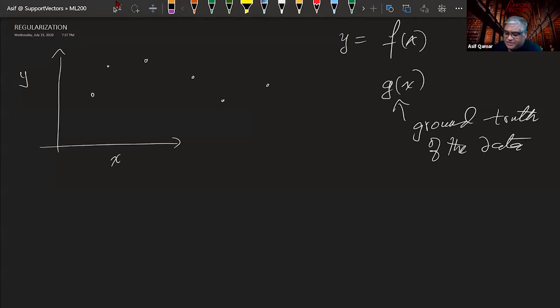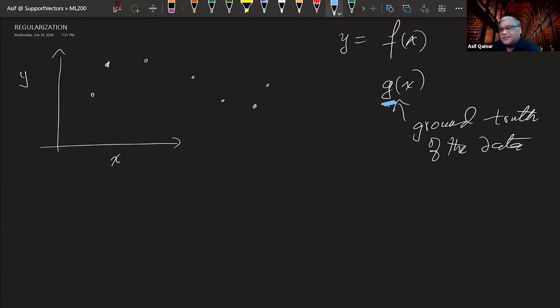I hope I can illustrate the problem with this. So I will keep these points, and let's see what sort of curves we can draw through this. Again, let me be clear with the terminology. G is our ground truth. It is that which you don't know. It is the function that has actually produced the data.